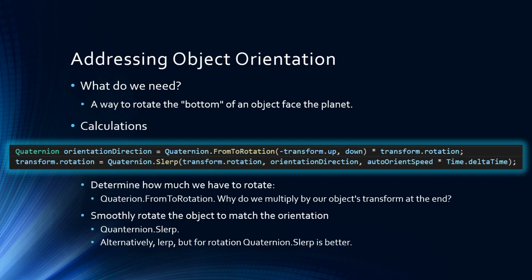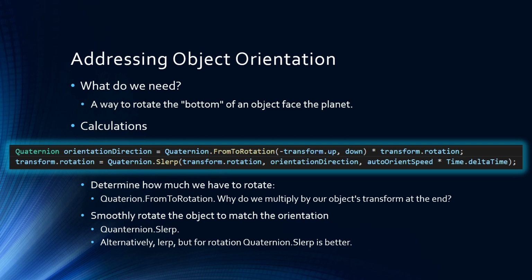So we're going to set our current rotation on the object, in our case the buggy, equal to a Quaternion.Slerp. I'm not going to go over Lerp. Lerp is basically just a method for how you can smoothly change a value instead of just, oh, we start moving and we stop moving. It's more like we ramp up and speed up and slow down depending on how quickly we get there.